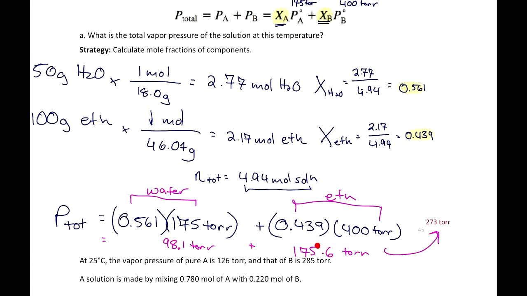Ethanol contributes 175 torr in the vapor phase. So if we took this mixture and inspected the vapor above this solution, will the vapor phase, based upon these numbers, contain more water particles or ethanol particles? Do you think?